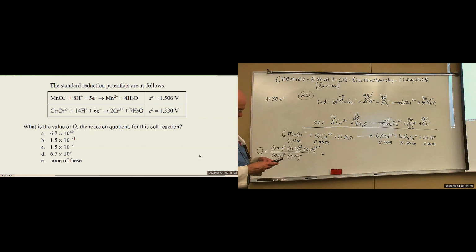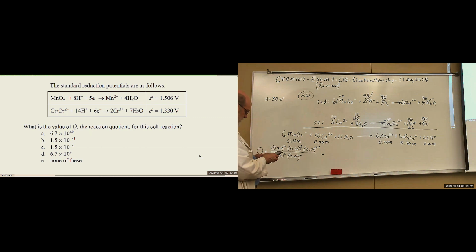So let's try it again. All right. 0.2 to the 6th power. 0.3 to the 5th power. Times 0.01 to the 22nd power. No, that's right.